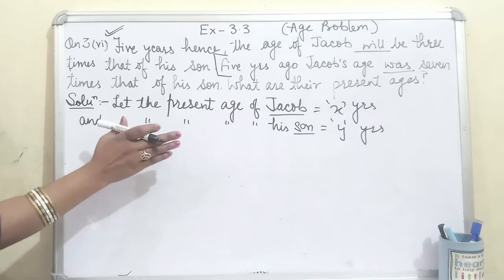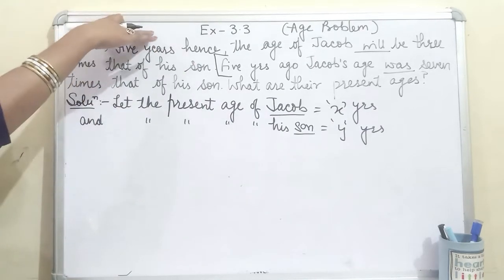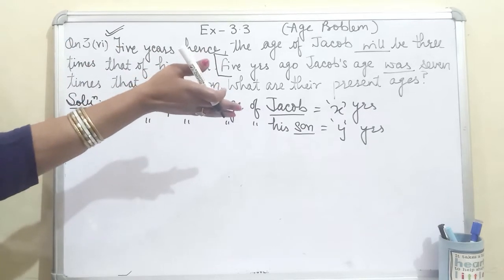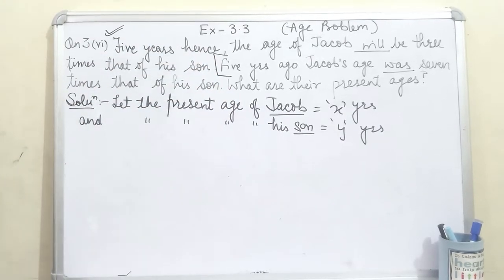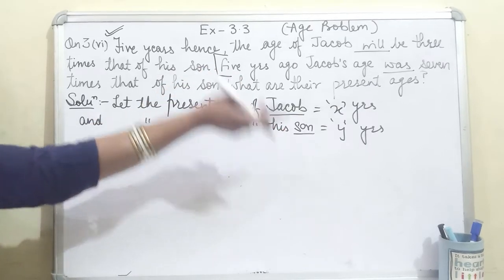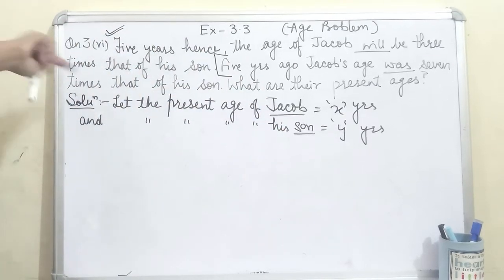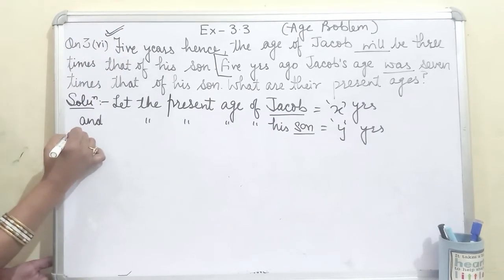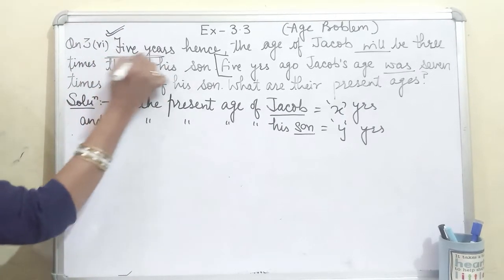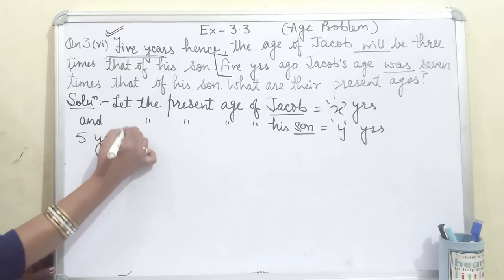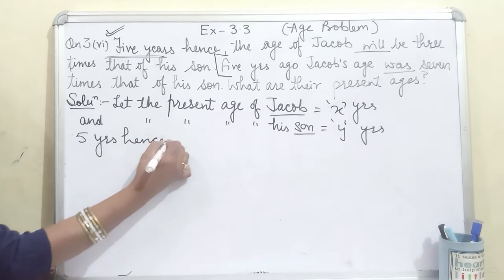But we have two conditions, one related with the future and other related with the past. So first of all we have to find out the ages of Jacob and his son in future condition and past condition. So I'm taking here the first condition, 5 years hence. So I will write here 5 years hence.